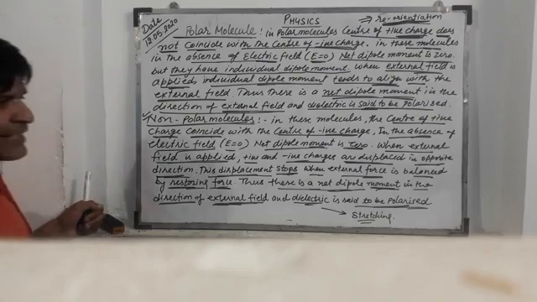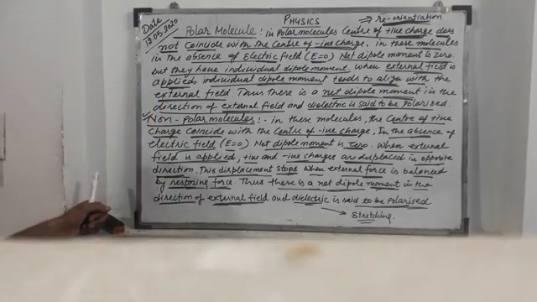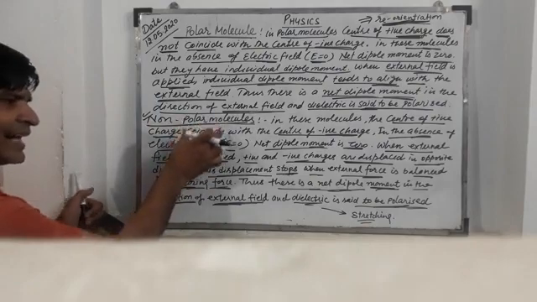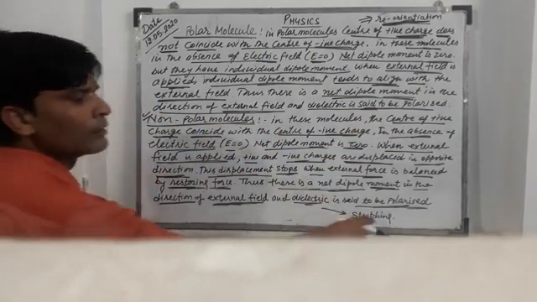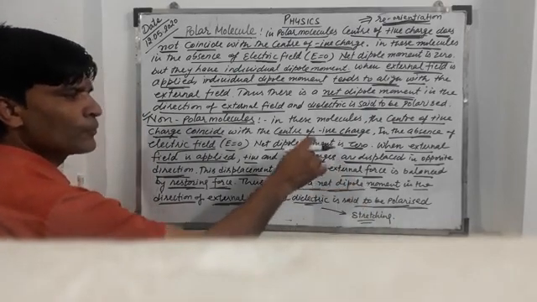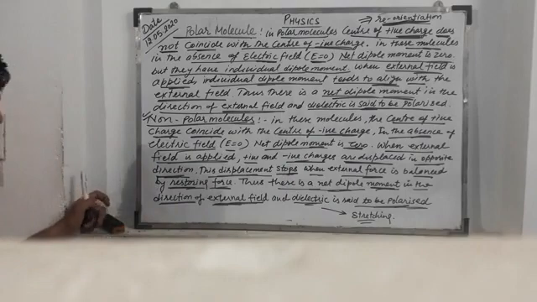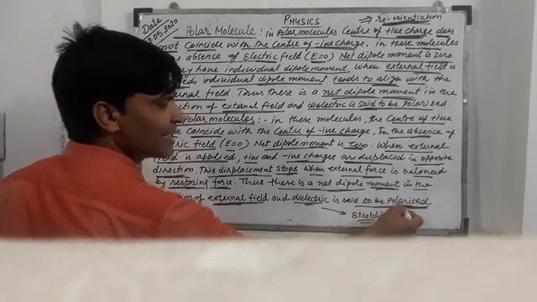Here stretching takes place because the charges were at one point, and by stretching, a net dipole moment is set up and the dielectric is said to be polarized.